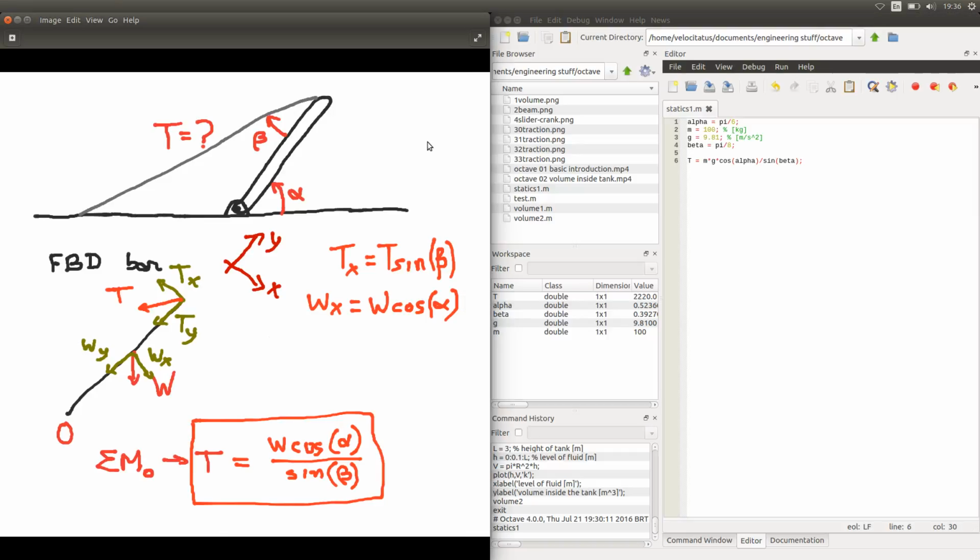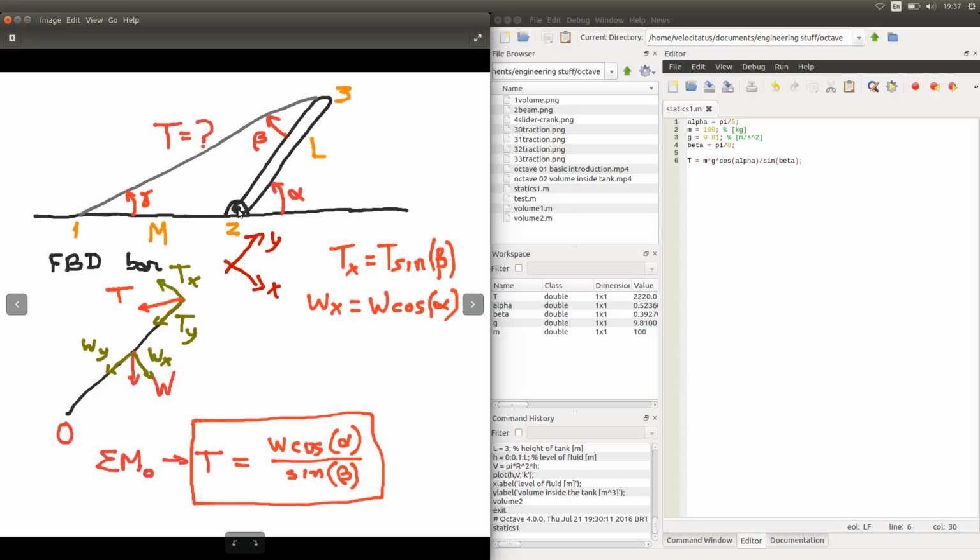So let us define a few more things in this problem so we can work with the geometry. Let's name the points here 1, 2, and 3. Let's say that the bar has a length L, and the distance between where we fix the cable here and this hinge is a distance called M. Let's also call the angle that the cable makes with the horizontal angle gamma.